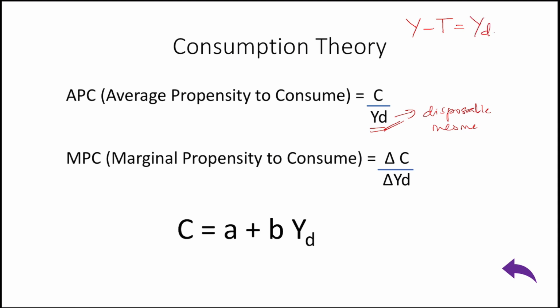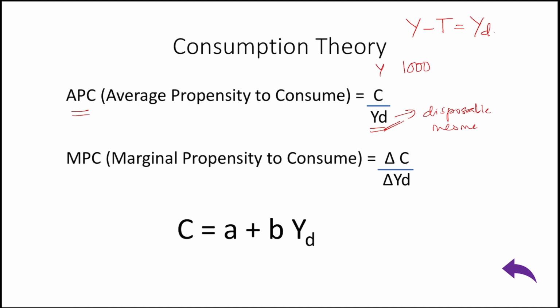Okay, so what is the meaning of the average propensity to consume? Average propensity to consume, or APC, is the proportion of your income that is used for consumption. For example, I give you the value of disposable income, for example 1,000.